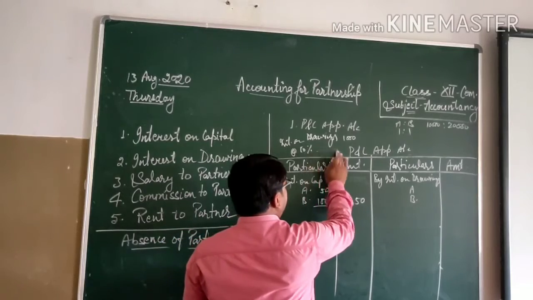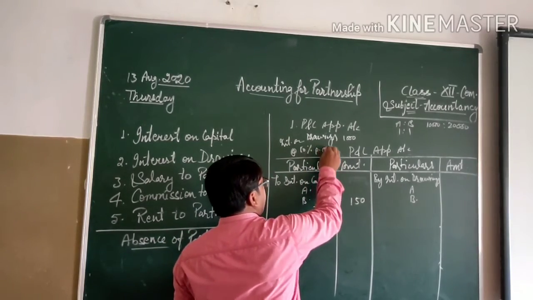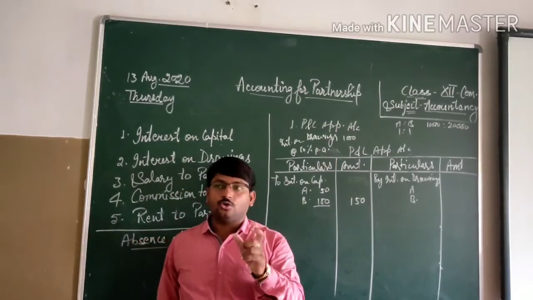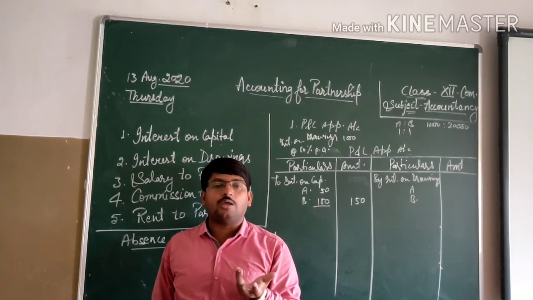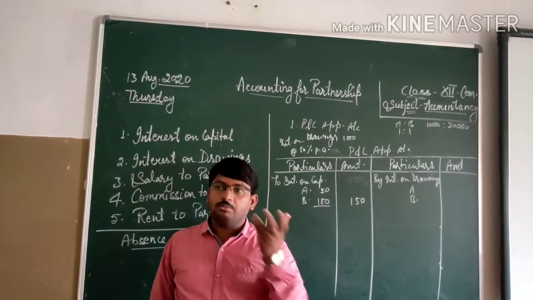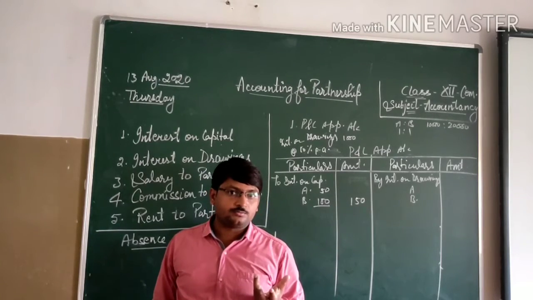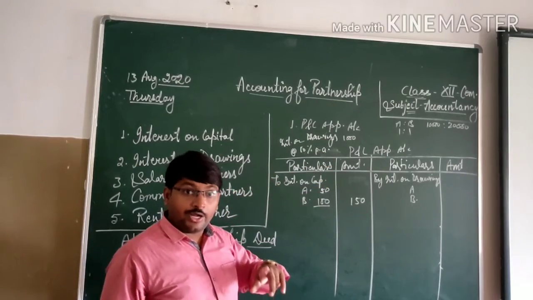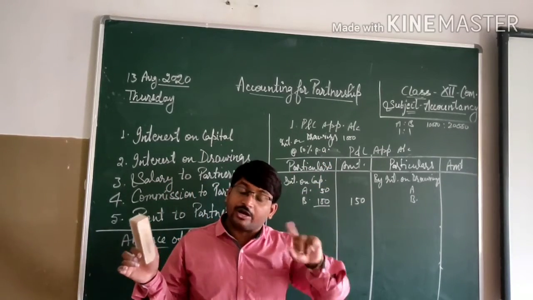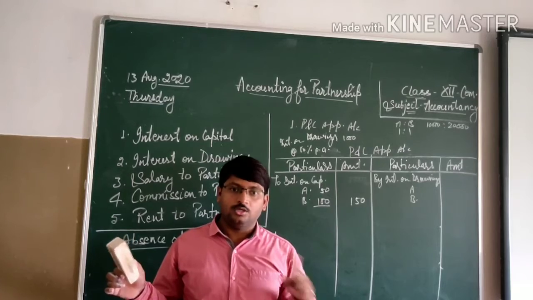But if 10% per annum is written, then we have to always be clear about the time period, for how much time we have utilized the money of the firm in the form of drawings. If per annum is written and you have not been given any information regarding the time period, then you have to always calculate for 6 months.